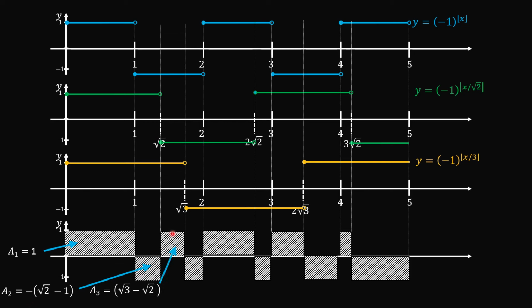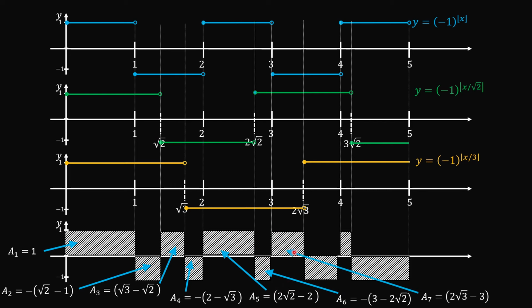Area 3 is in the positive direction, so it's root 3 minus root 2 times 1. And then area 4 is 2 minus root 3 times 1, but in the negative direction, so negative 1. And then area 5 is root 2 minus 2 times 1 in the positive direction. And then area 6 is 3 minus 2 root 2 times 1 in the negative direction, so a negative sign here.